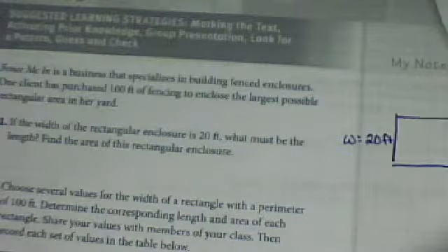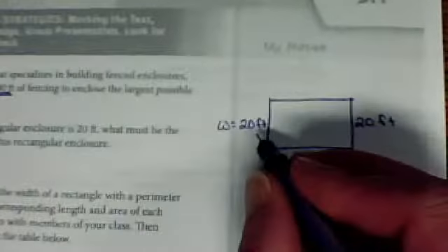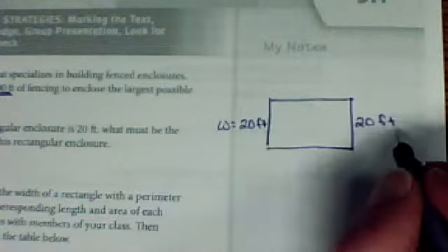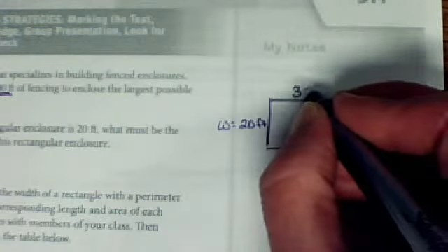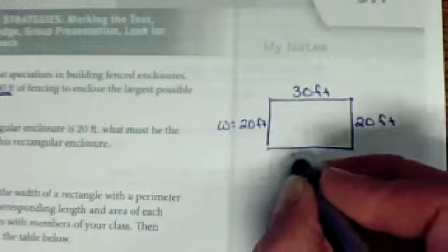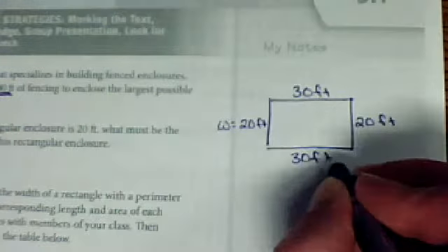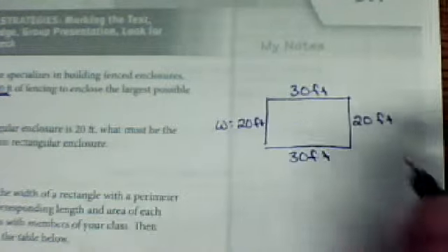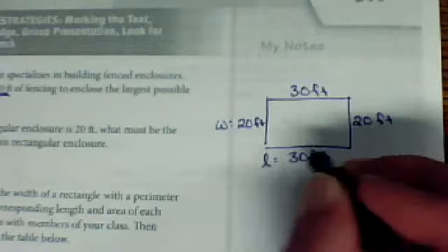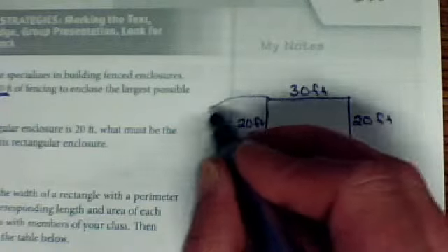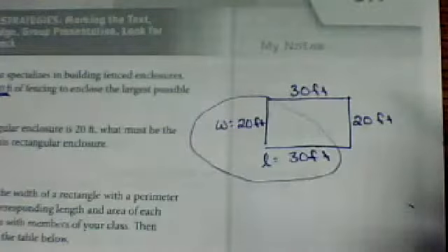And if the whole thing had a perimeter of 100 feet, 100 minus 20 is 80, minus another 20 is 60. That leaves us with 30 feet for that side and that side. Another thing to notice is that if you took just these two, they add up to 50, half of the total perimeter.